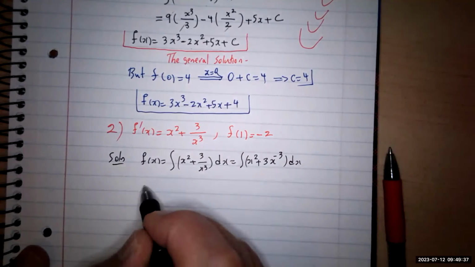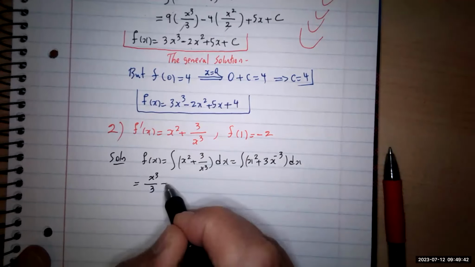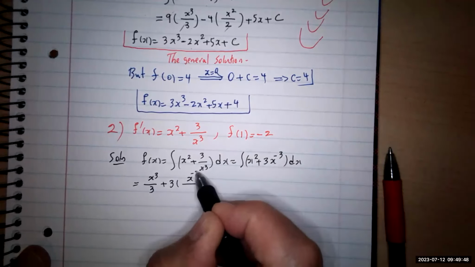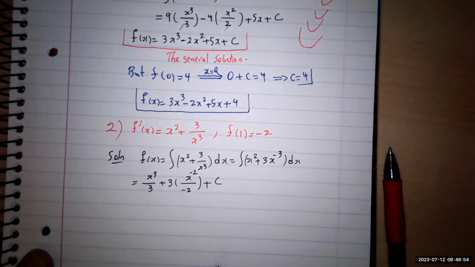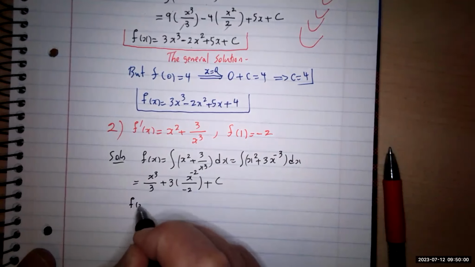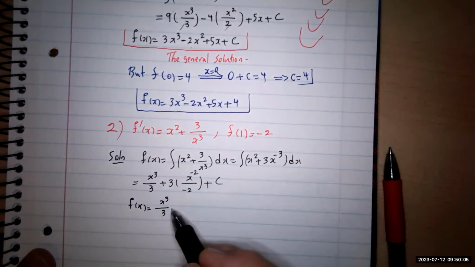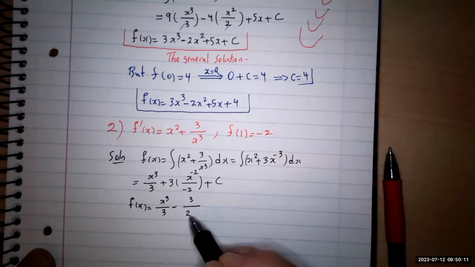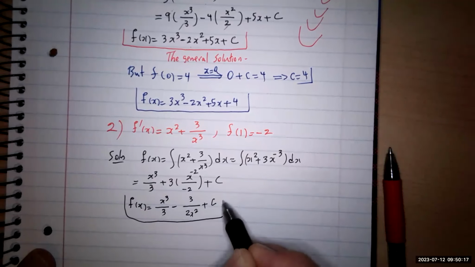Use the power rule: x squared would be x cubed over 3, plus 3 is a number, x to the -3 plus 1 would be -2 over -2, but don't forget the constant c. Simplify to get the f of x. So f of x so far is going to be x cubed over 3, minus, this is the sign of the fraction, you put the 3 on the top, 2x squared on the bottom, plus the constant c. This is going to be your general solution.